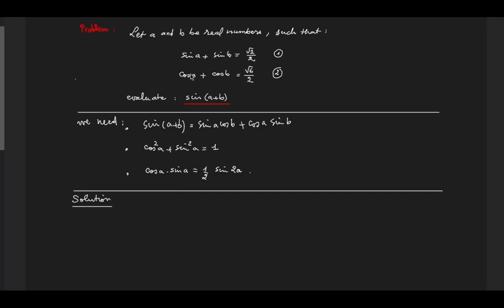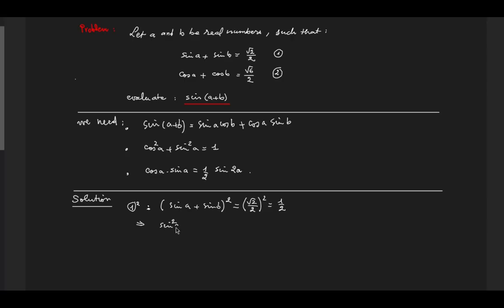First of all, we take the first equality, which is 1, and we square it. That means we square the left-hand side and the right-hand side. That gives us sine a plus sine b all squared equals square root of 2 over 2 squared, which is exactly 1/2.